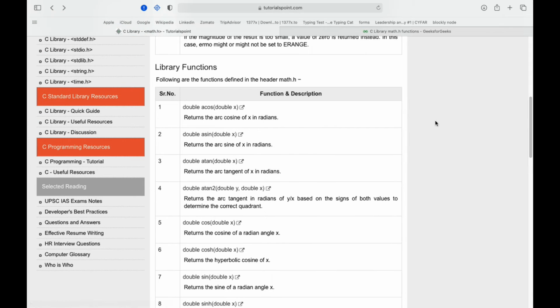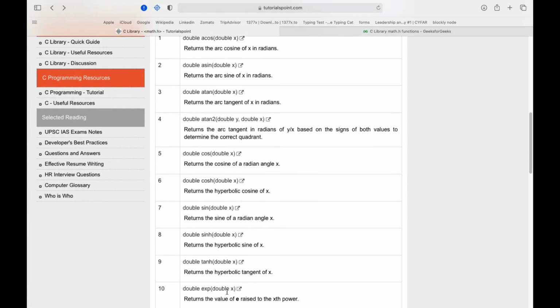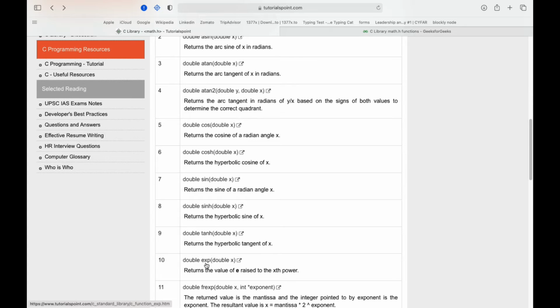So what does it provide? It provides us the acos function, which is nothing but arc cosine, or you can say cosine inverse function. We have arc sine, we have the atan, atan2, cos, cosh, sin, sinh, tan, and tanh functions. Then we have the exponent function, which is e to the power something.